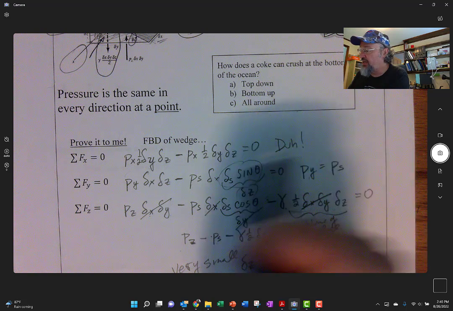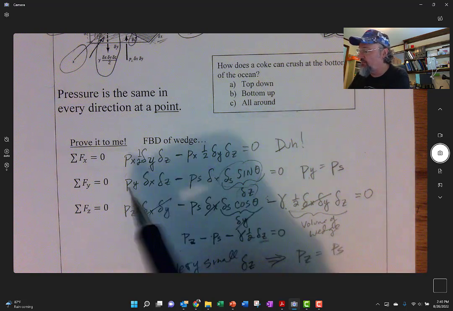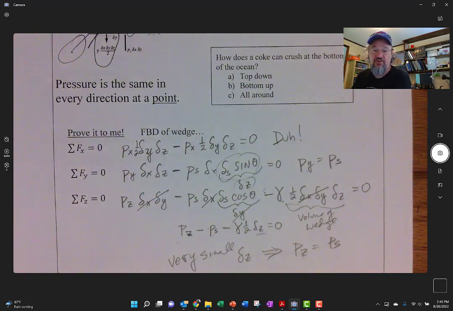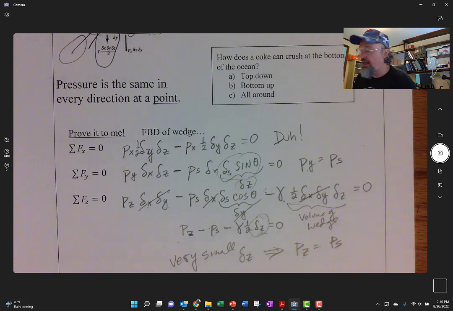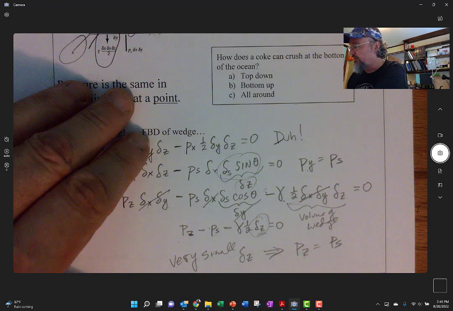And we could do the same thing in any direction. So we could prove that the pressure is going to be the same in every direction, as long as we're dealing with small values of incremental z. That doesn't mean z itself is small, we could be very deep in the depth, but if you're just looking between different increments of depth, it'll be very small.